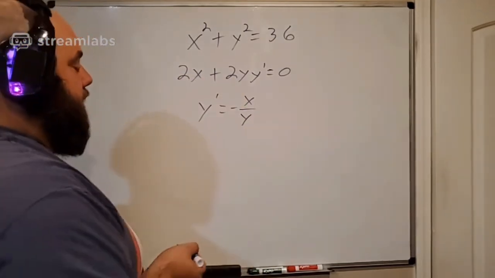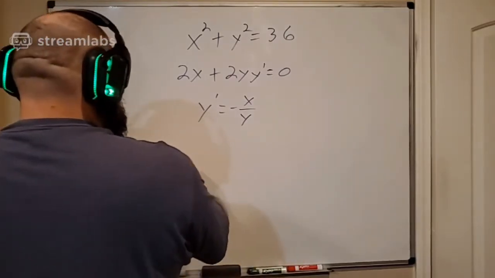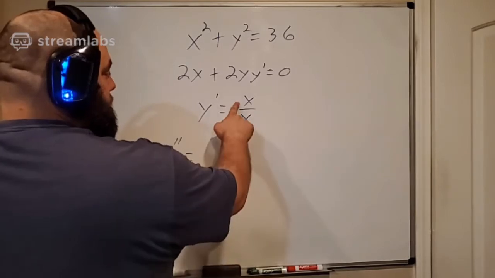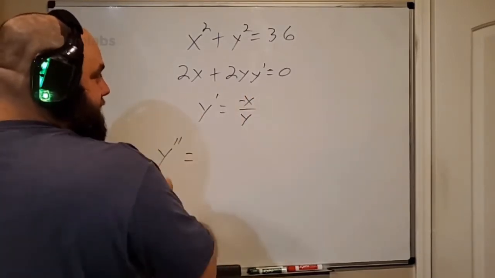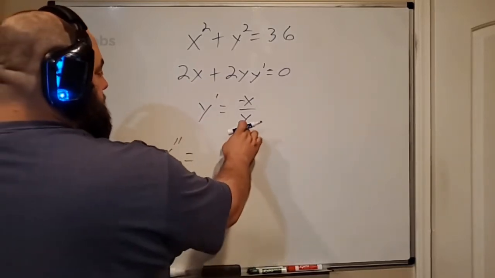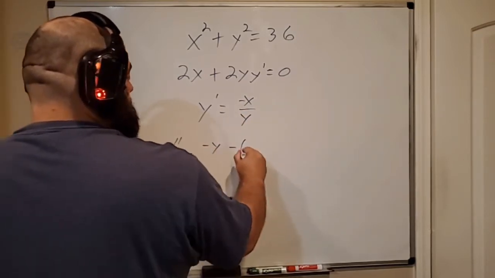Then when you go to do the y double prime, quotient rule. I'm going to move the negative up top with the x just to make my life a lot simpler, so I know that's negative x, so I don't mess with my signs. Otherwise, you'll run into issues. So you get low d high, so you get negative y minus high d low, so negative x times y prime over low squared.